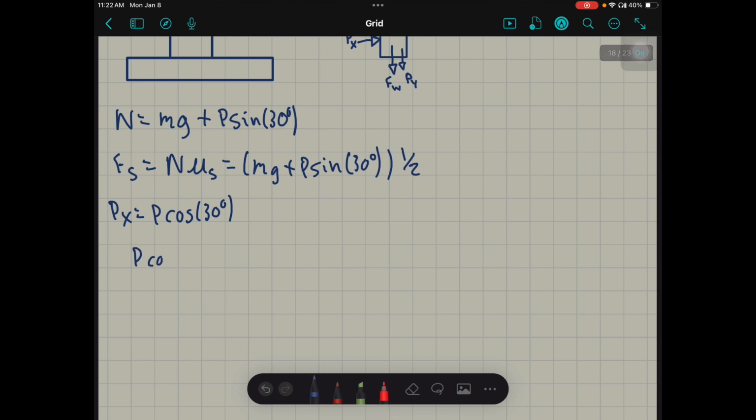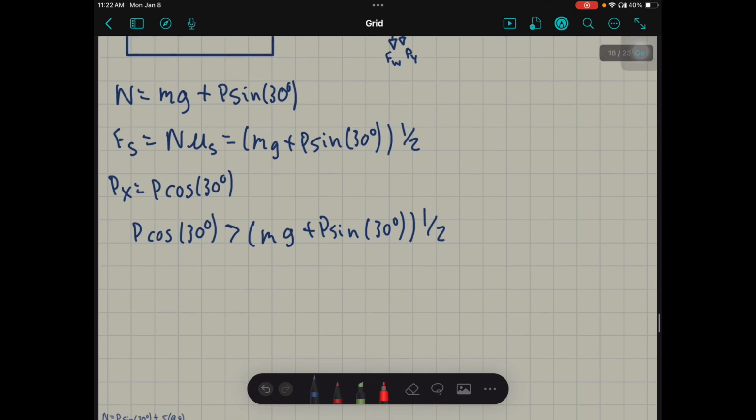So P cosine of 30 degrees is greater than mg plus P sine of 30 degrees, and we're going to multiply that by 1/2.